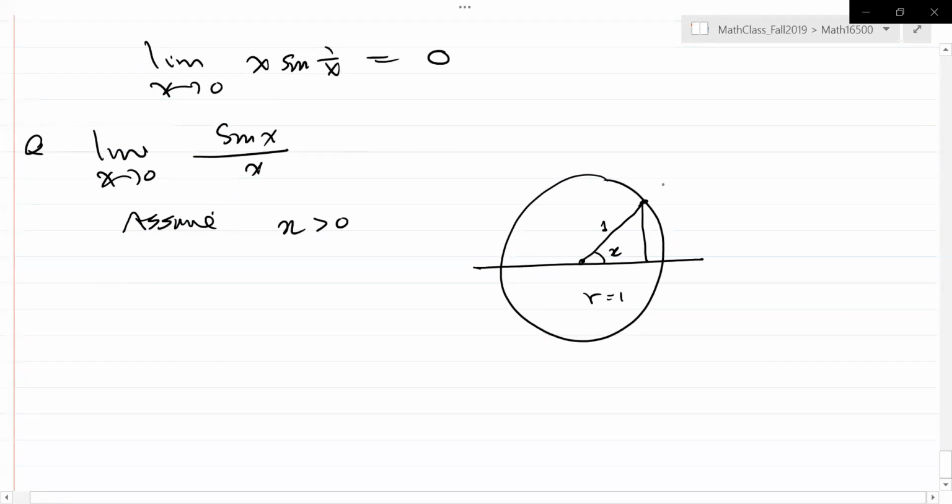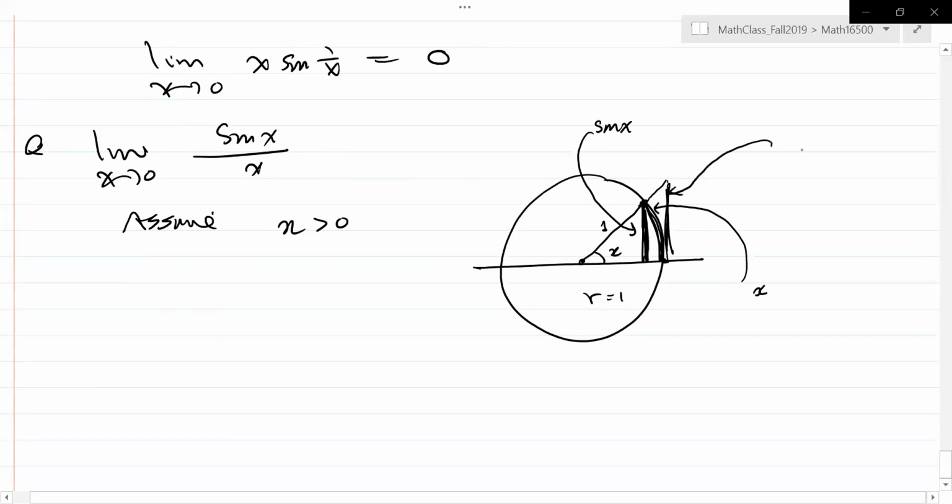So draw the circle with radius equal to 1. And you draw two triangles. The vertical side of the first right triangle, on the left, has length sine x. The arc length is x, corresponding to the angle denoted by x.